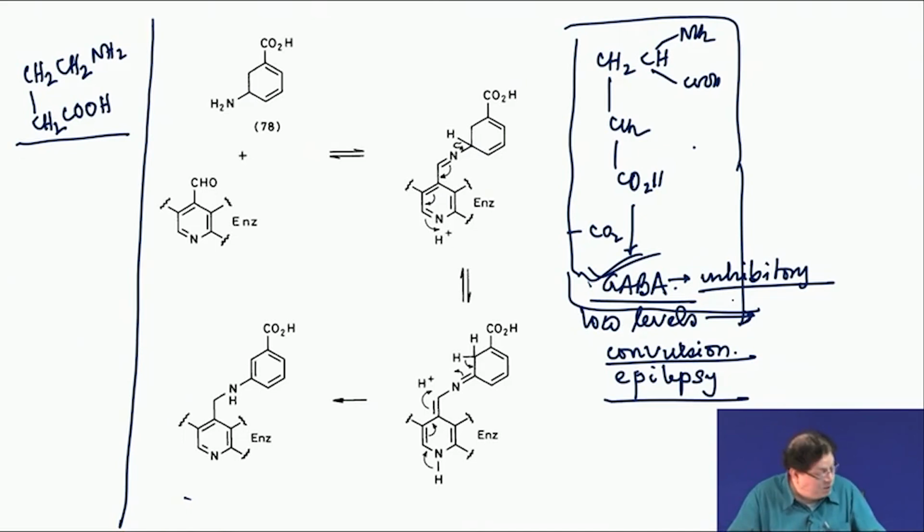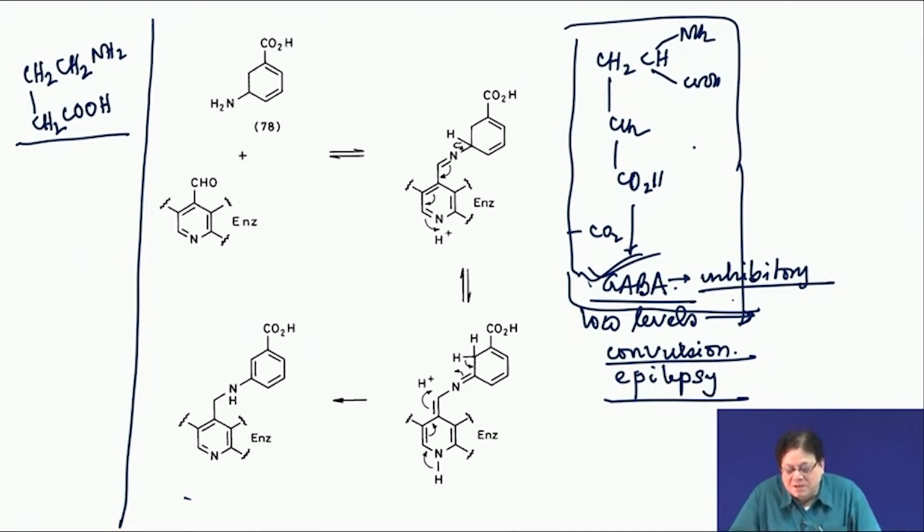Now, how is the concentration of GABA maintained? This is very important. You need to know not only how it is generated, you also need to know how it is degraded. Like acetylcholine is generated, and then its degradation is by the enzyme acetylcholine esterase. Dopamine is generated from L-tyrosine, and its degradation is by monoamine oxidase.